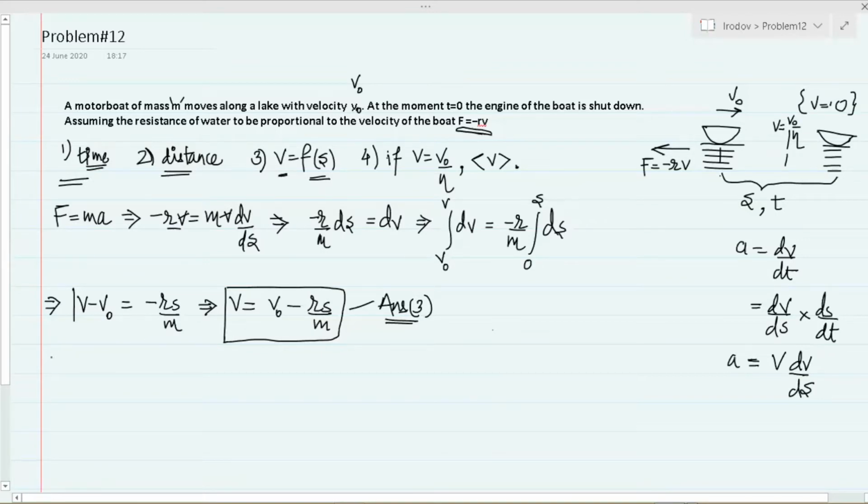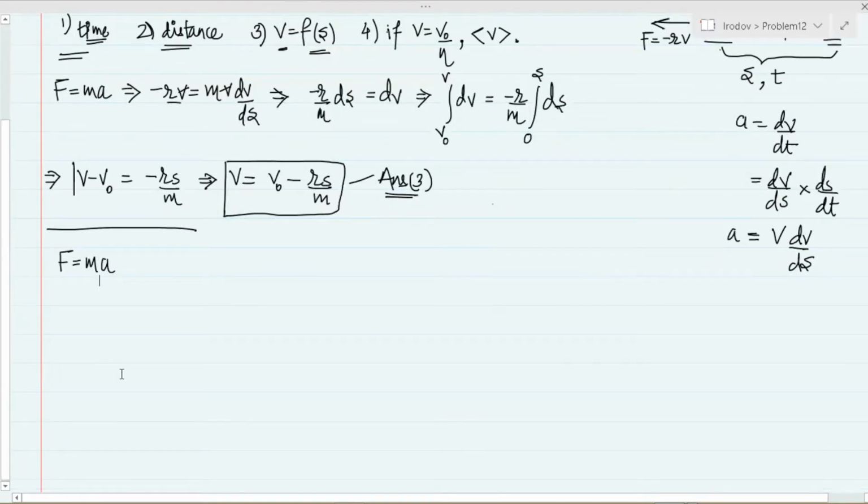Also, we will use the same equation, f is equal to ma, and we can rewrite this equation as minus rv is equal to m dv by dt. This gives us minus r by m dt is equal to dv by v.